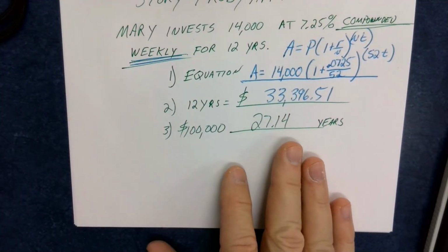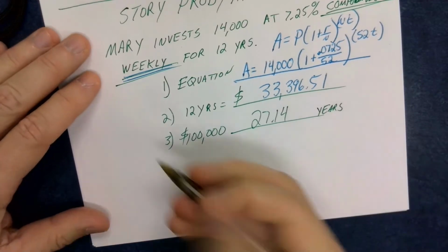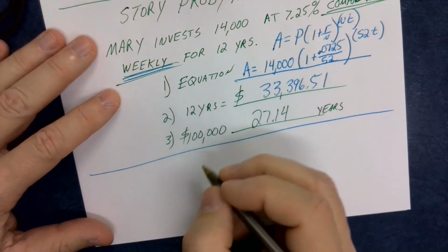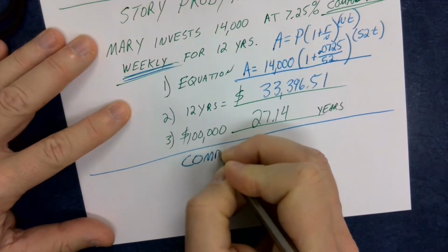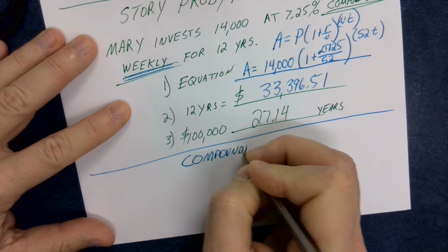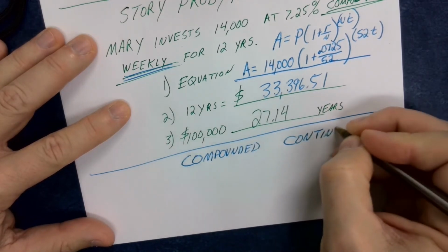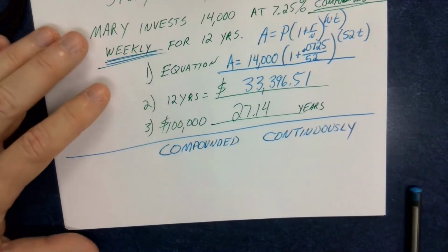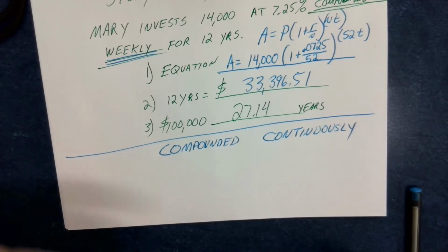Okay, so that's one of those types of problems. So if I extended this again and I said, hey, what if I asked the same questions, but I compounded it continuously? Which means instead of interest at the end of every week, we get the interest at the end of every, like, millisecond.